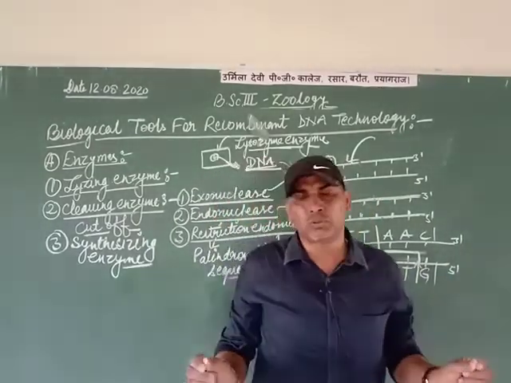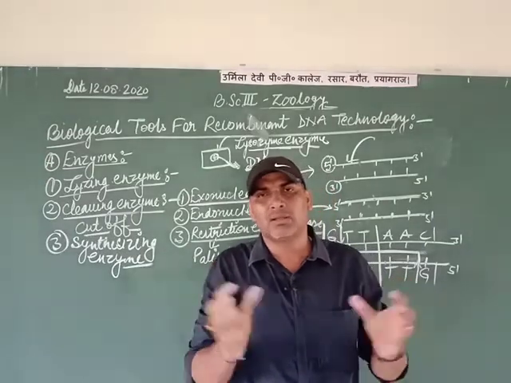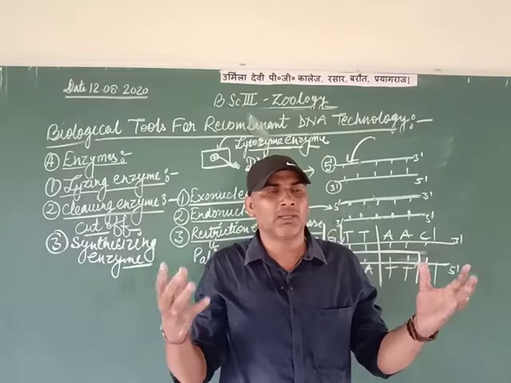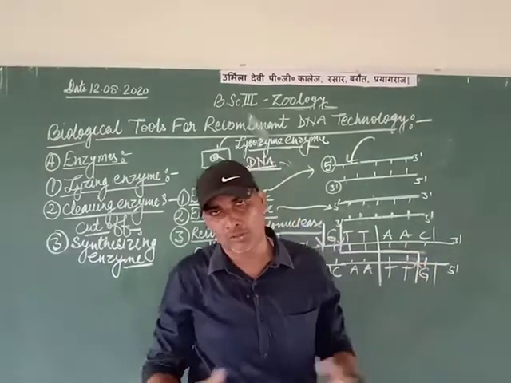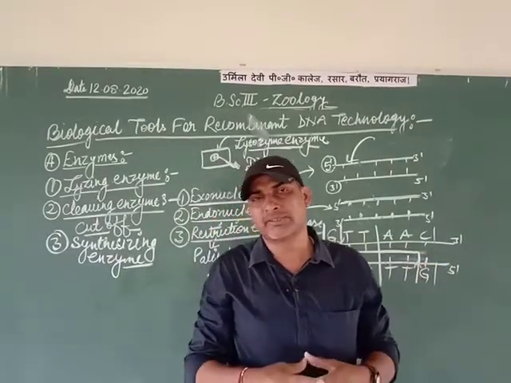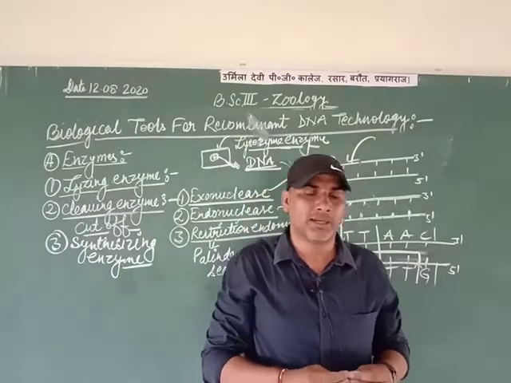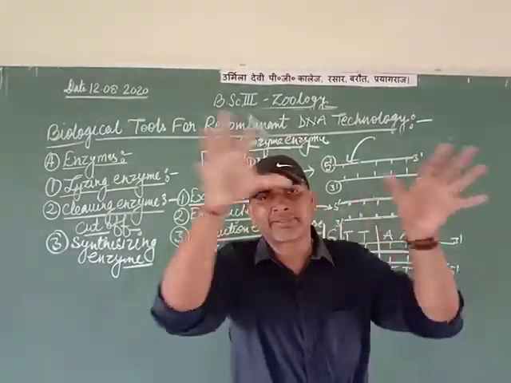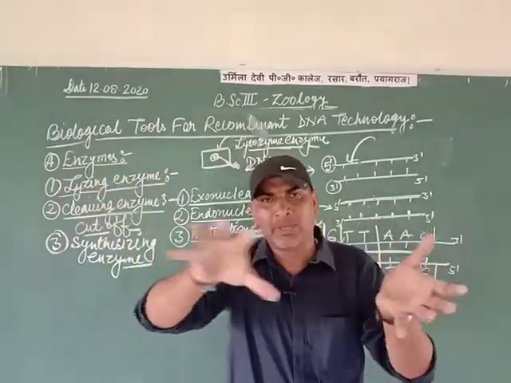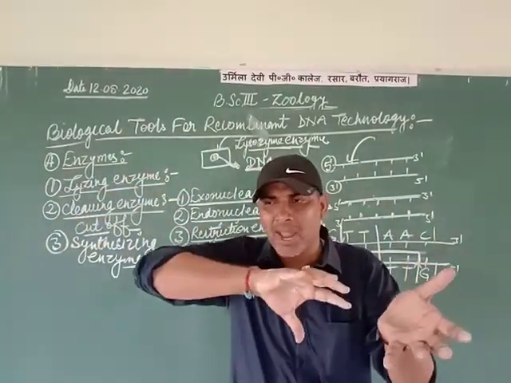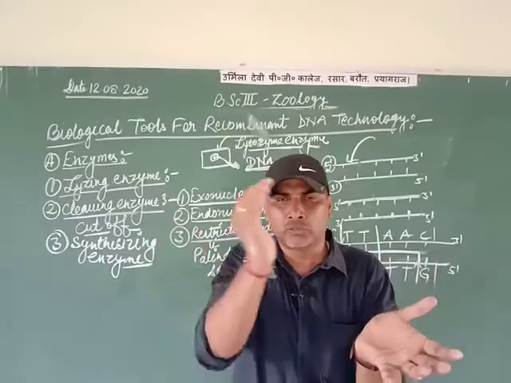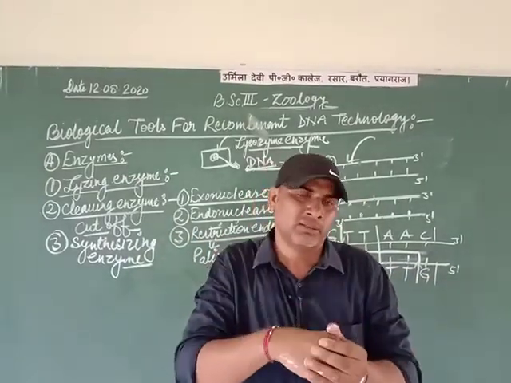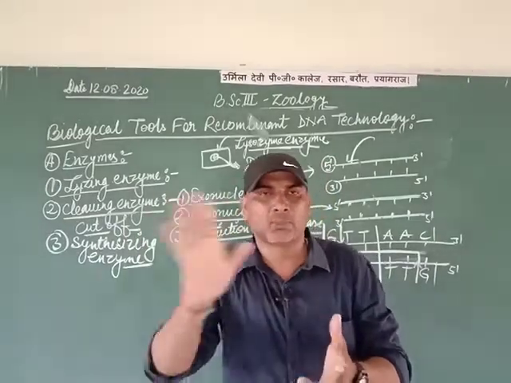Whenever I mentioned the central dogma, this is a very important topic to explain the whole scenario, the way and the processes going on in the formation of DNA, RNA and protein.